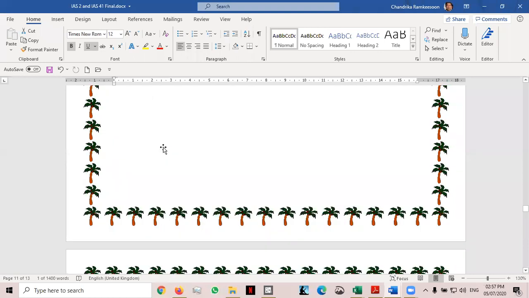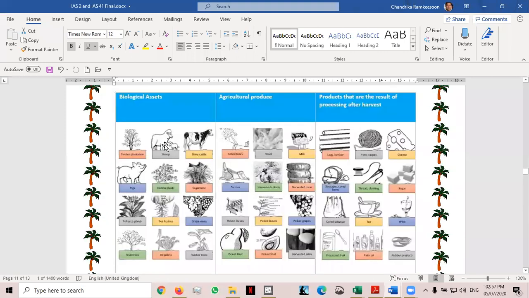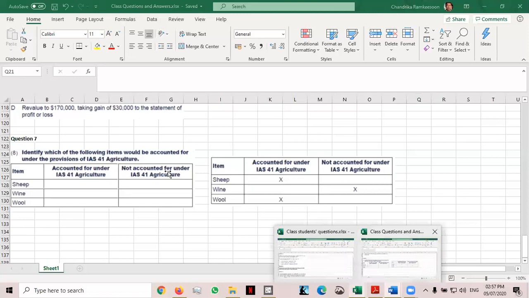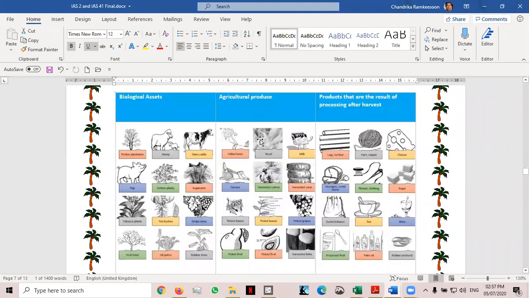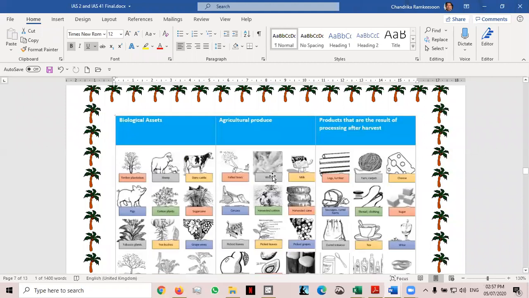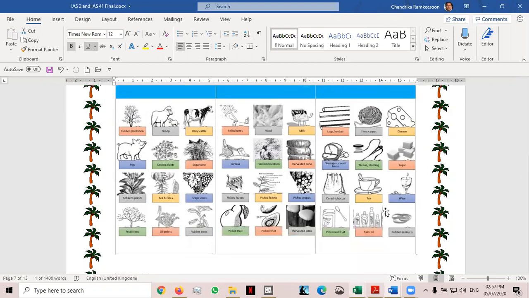Yes, sheep. So sheep, IAS 41. If you were given information, as you were in this question here, the wool also IAS 41, agricultural produce. But when the wool has been converted into yarn or carpet or clothing or whatever, of course, it will be IAS 2. Right. So nice standard is IAS 41.